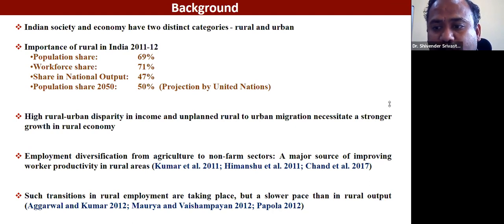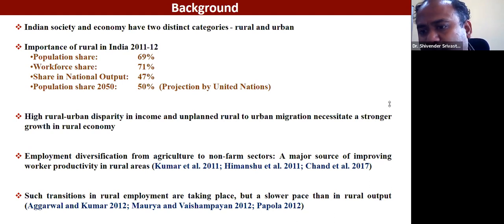And the rural areas contribute about 47%, almost half of the national output, not only agriculture but both agricultural and non-agricultural products are produced in rural areas. And the United Nations projected that even up to the year 2050, the rural population will be about 50%, about half of the population in India will be living in rural areas. And after that, the share of urban areas will increase.